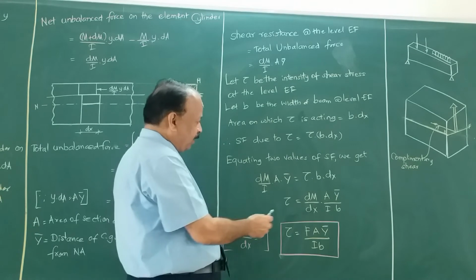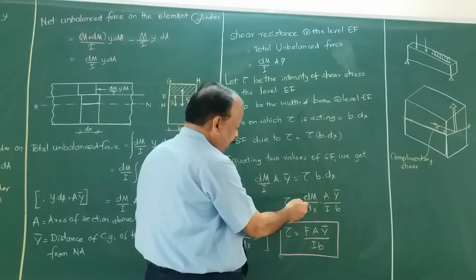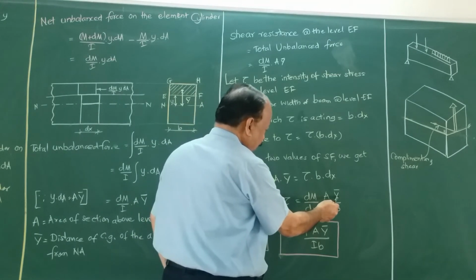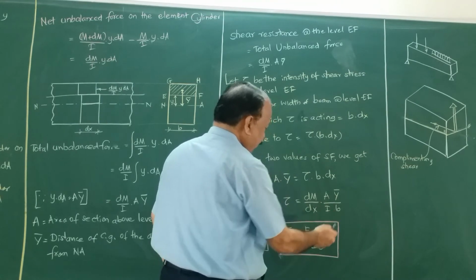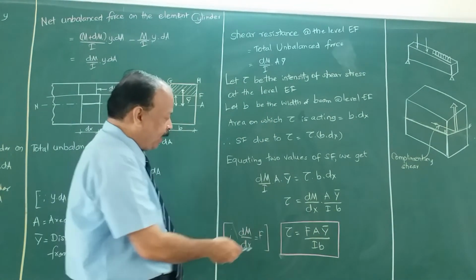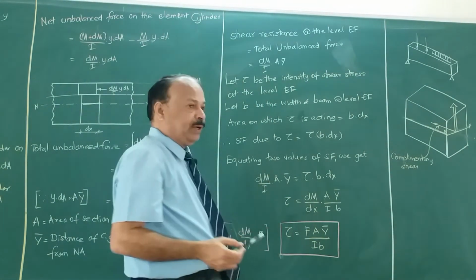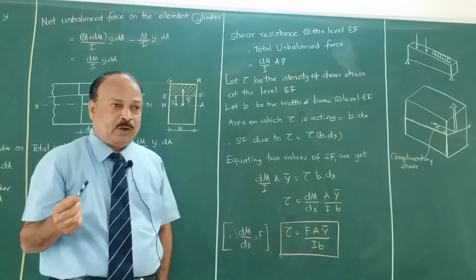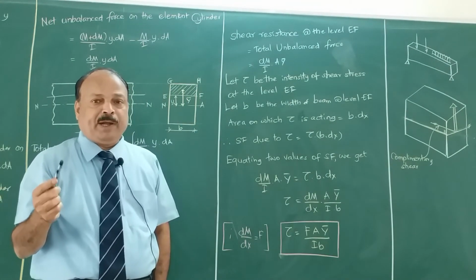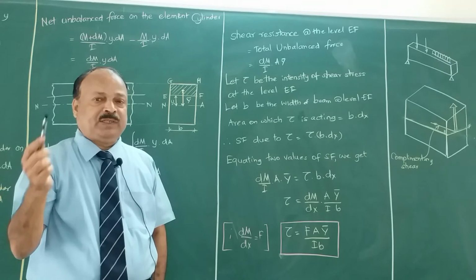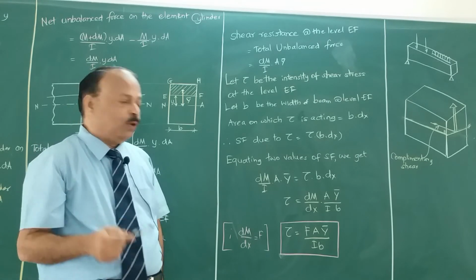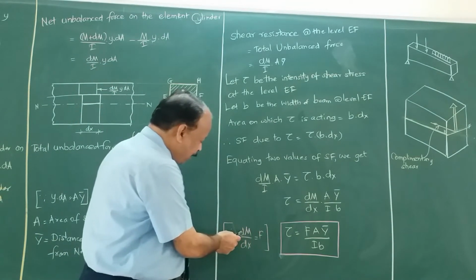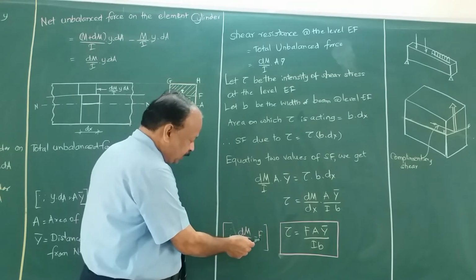Simplifying, tau will be dM by dx into A into y bar divided by I divided by B. Now dM by dx, we know the relation between bending moment, shear force and loading. If you differentiate bending moment, you will get shear force. If you differentiate shear force, you will get the load. So differentiation of bending moment with respect to length gives the shear force.